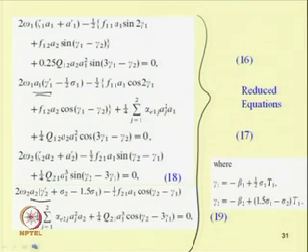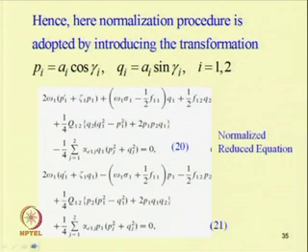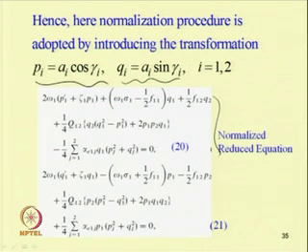So, one has to transform this into its normalized form. By substituting P I equal to A I cos gamma I and Q I equal to A I sin gamma I, where I equal to 1 to 2, these 4 equations are now reduced to normalized reduced equations in terms of P 1, Q 1, P 2 and Q 2.